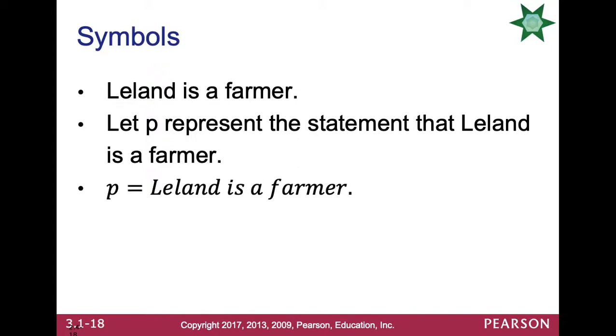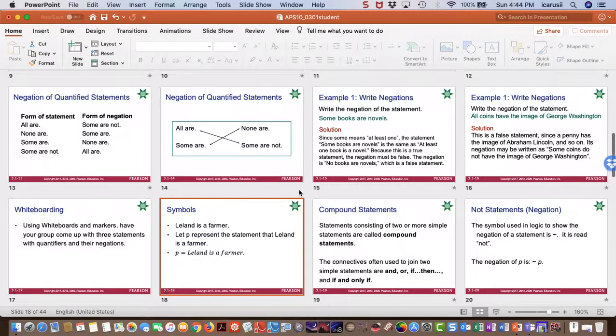So what I'm going to do is define Leland is a farmer as a statement, and I'm going to assign it to a variable. So let P represent the statement that Leland is a farmer. So P is equal to Leland is a farmer.